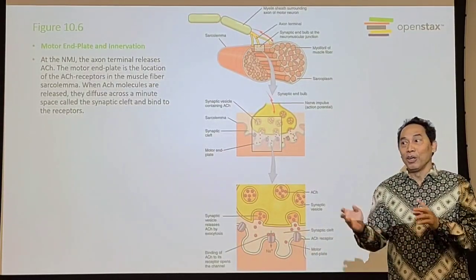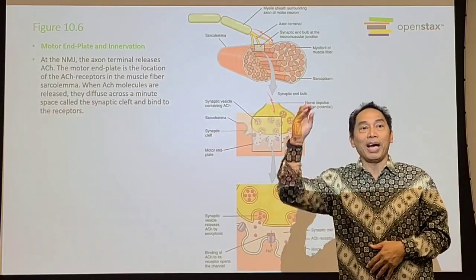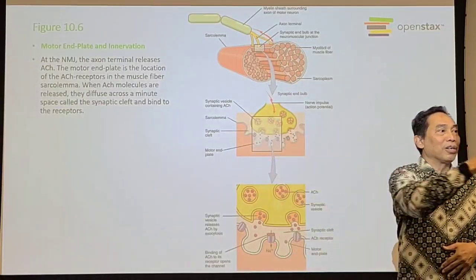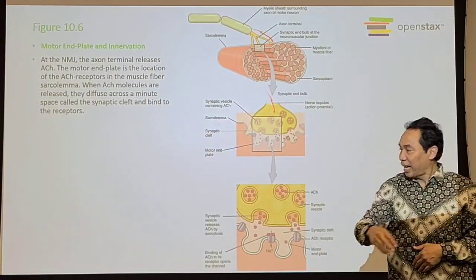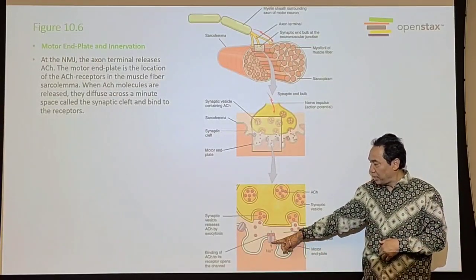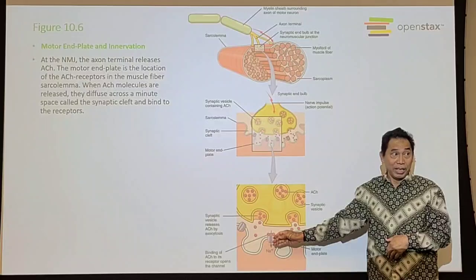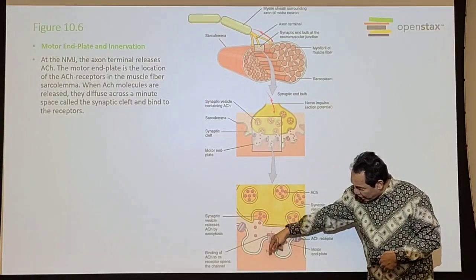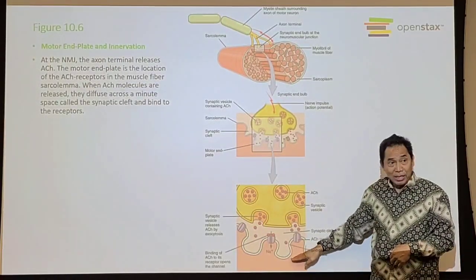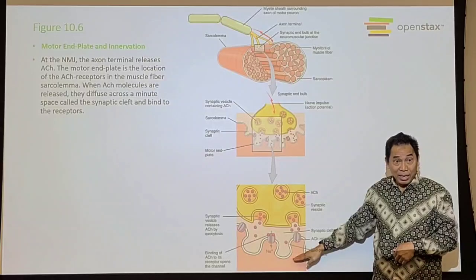What is diffusion? Movement of molecules from higher concentration to lower concentration. Because it has help from the channel, this is a type of facilitated diffusion. Get it? Sodium will enter into the muscle cell.